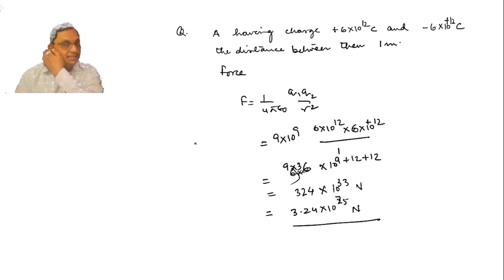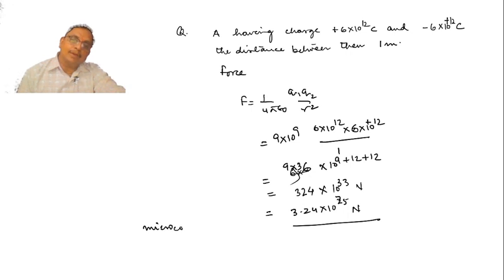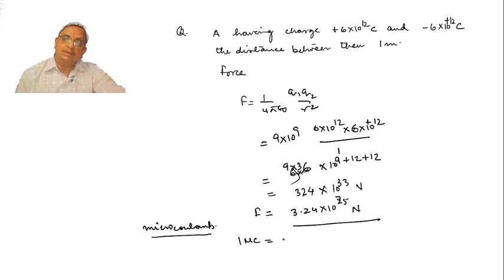Basically, charges are considered in another form, that is microcoulomb. You know the charge of an electron is 1.6 into 10 to power minus 19. We consider 1 microcoulomb as 10 to power minus 6 coulomb.